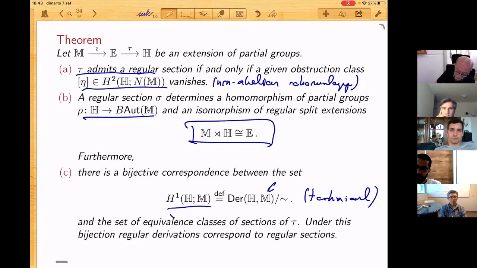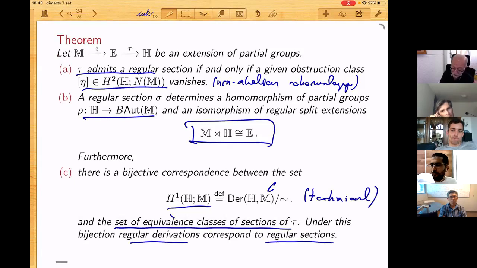But you can define derivations in this way, equivalence classes of derivations, and this gives you a definition of H1. And this turns out to be the set of equivalence classes of sections, right? Under this bijection, regular derivations correspond to regular sections. And regular derivations are those having image in the normalizer, and this works like the classical derivations in group theory.